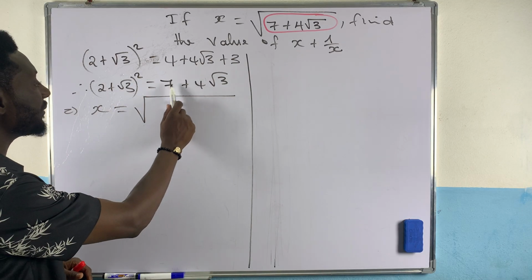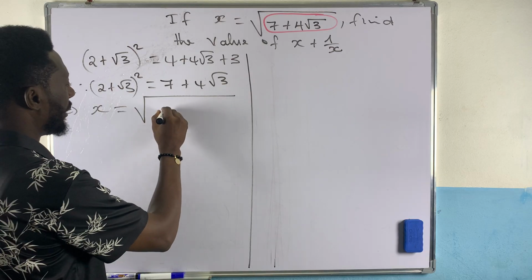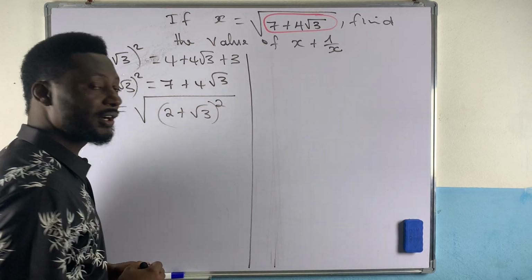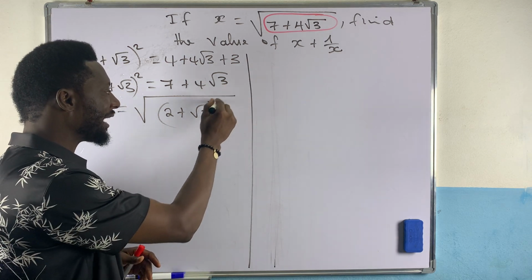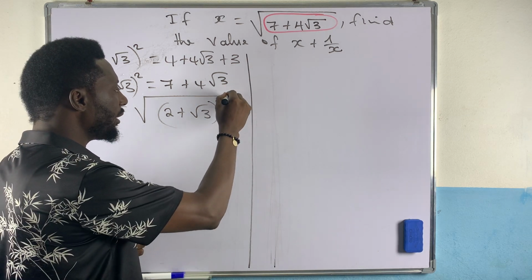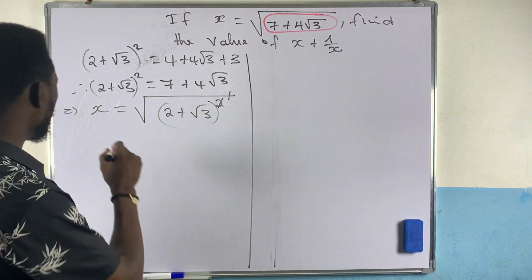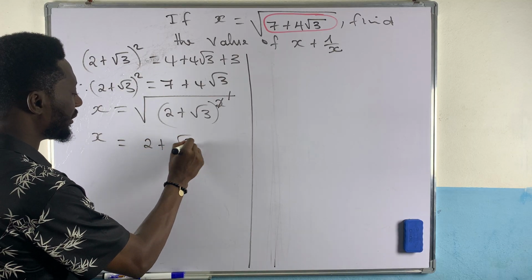If you watch my previous video, I explained that the square root and the square cancel out, from the law of indices. So now your x will be just 2 plus root 3.